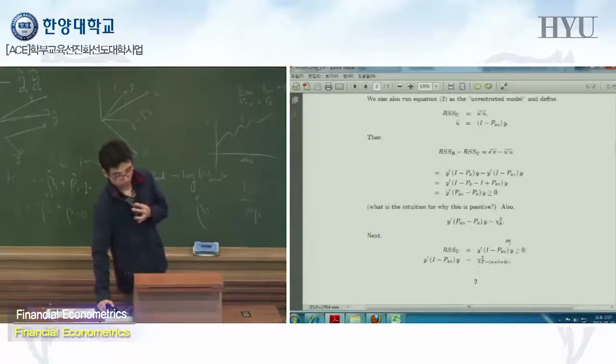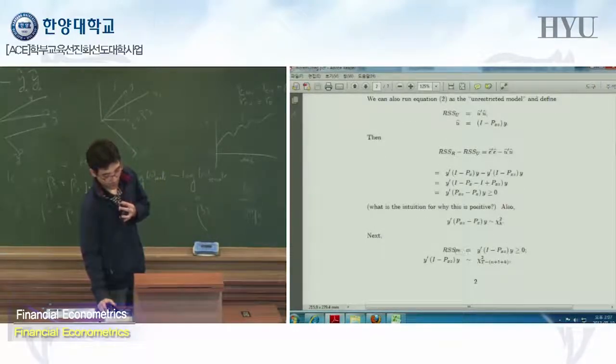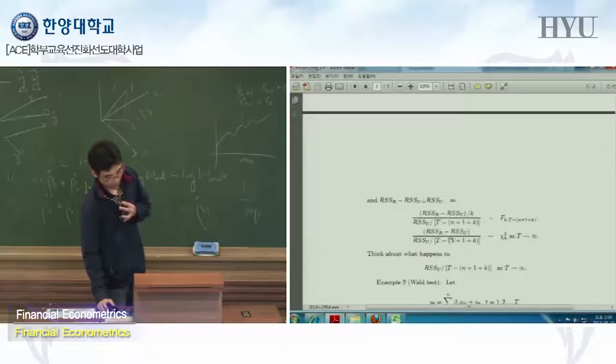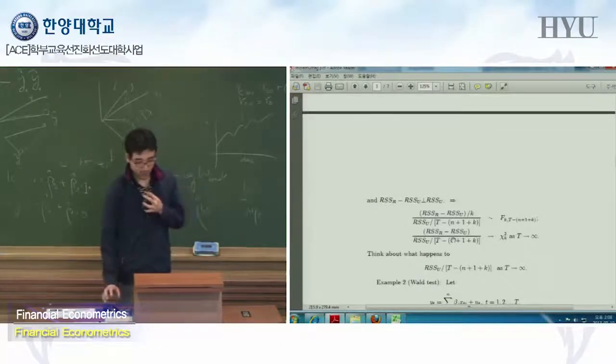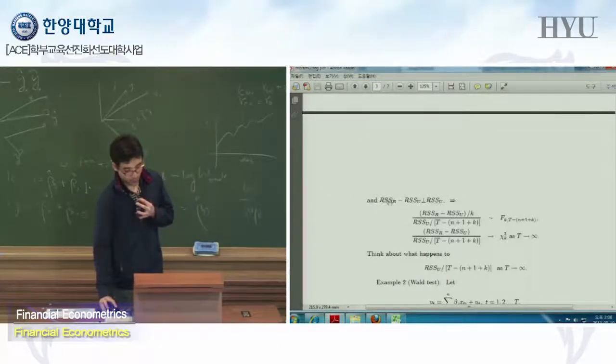So we have two chi-square distributions, and RSSR minus RSSU should be orthogonal to RSSU.